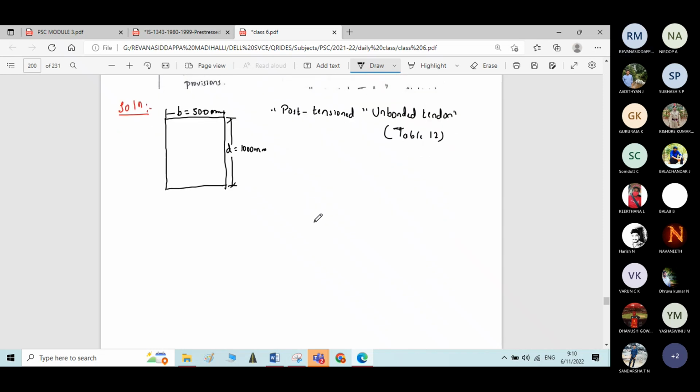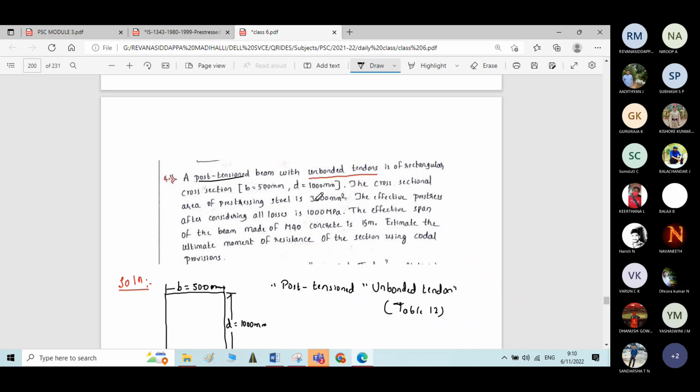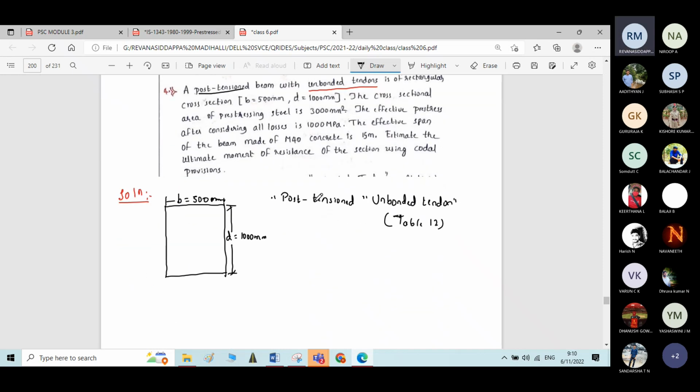Then the cross-sectional area of the pre-stressing steel is given. That is AP. Cross-sectional area of pre-stressing steel is given as 3000 mm square.